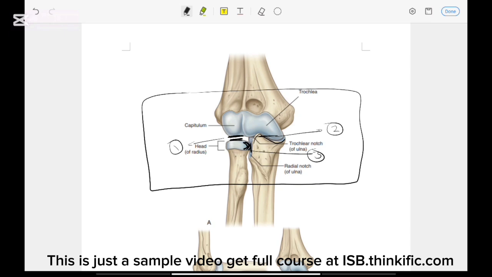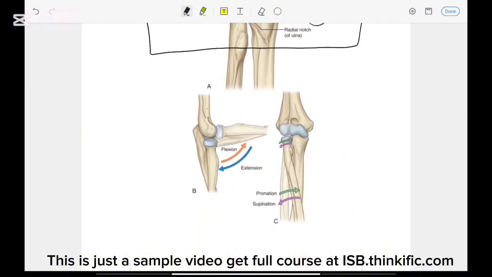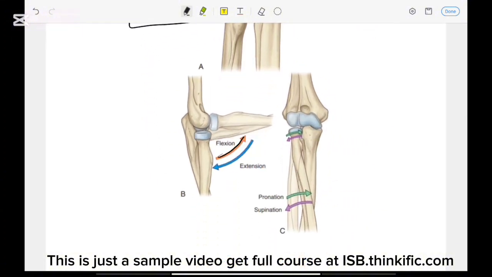Flexion and extension movements occur at the radiocapitular and humero-ulnar joints. And pronation and supination movements occur at the proximal radio-ulnar joint, or at least the proximal radio-ulnar joint is involved in it to some degree.